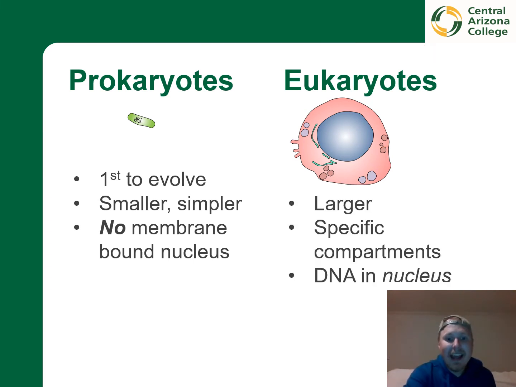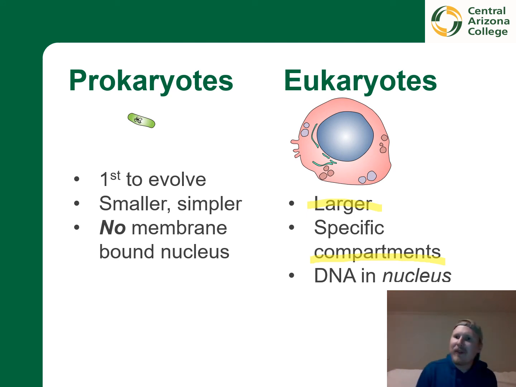They are significantly larger in size. In fact, this comparison here is probably not quite to scale. In addition to what we see here, they have a lot of specific compartments inside them. So different functions and different cell organelles are housed at different parts of the cell.